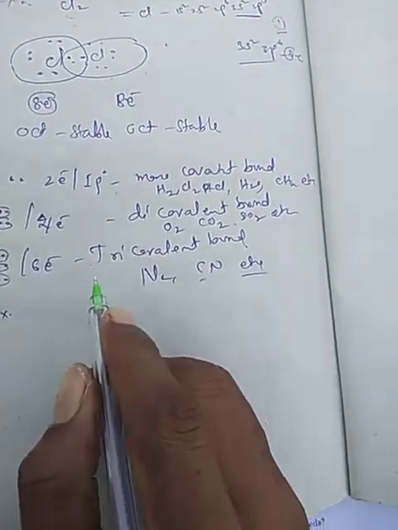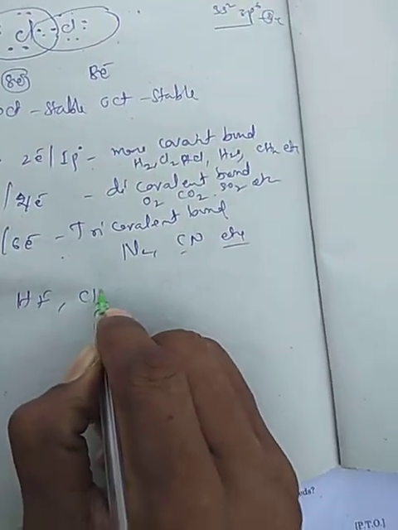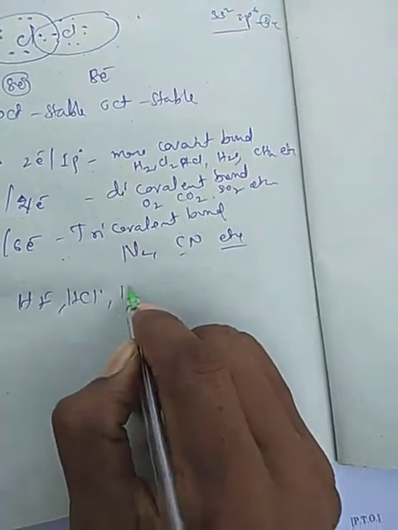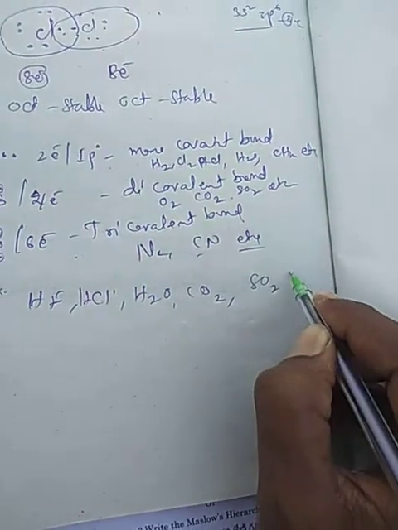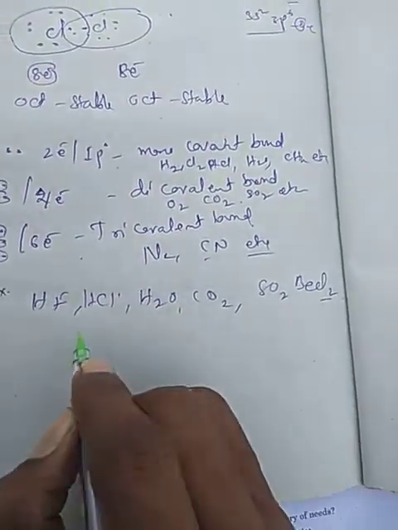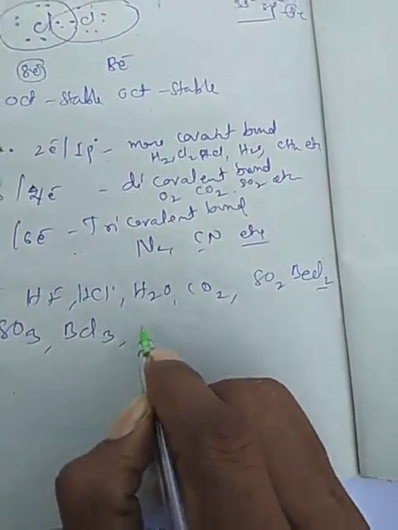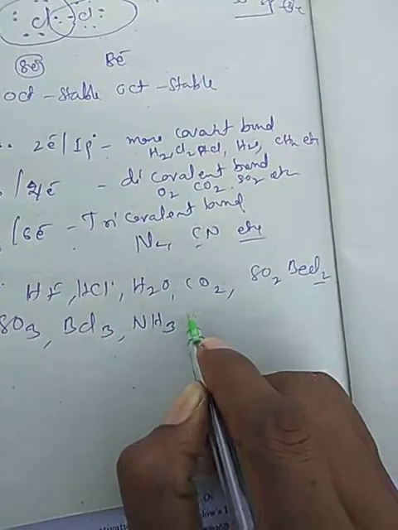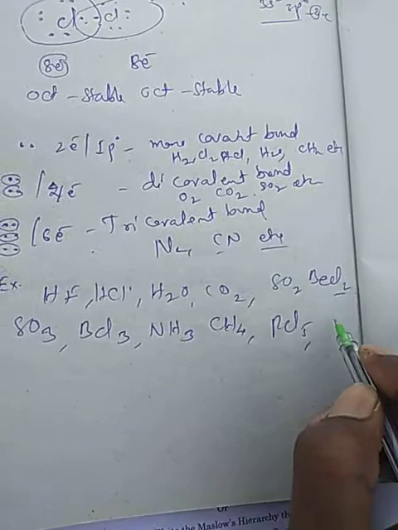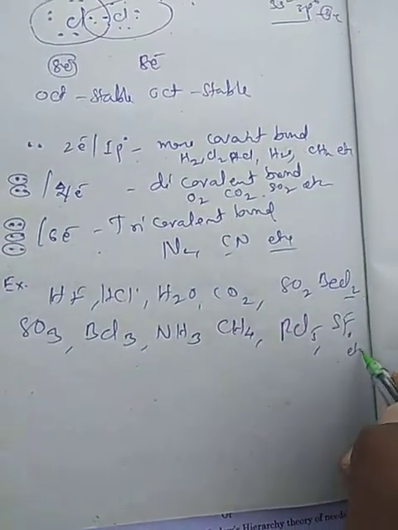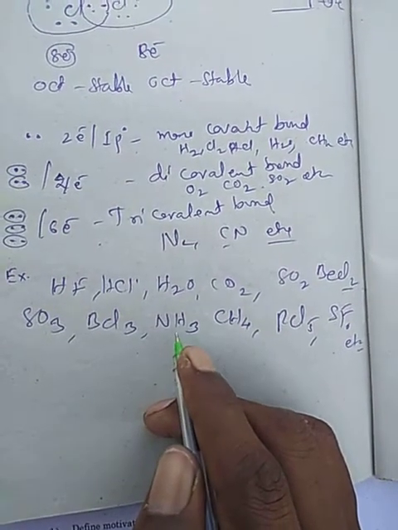Now overall examples of covalent bonds: HF, HCl, H2O, CO2, SO2, BeCl2, SO3, BCl3, NH3, CH4, PCl5 and SF6, etc. These all have covalent bonds.